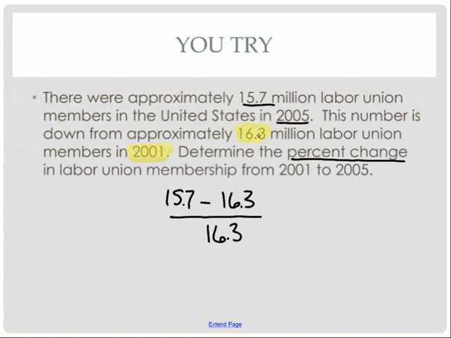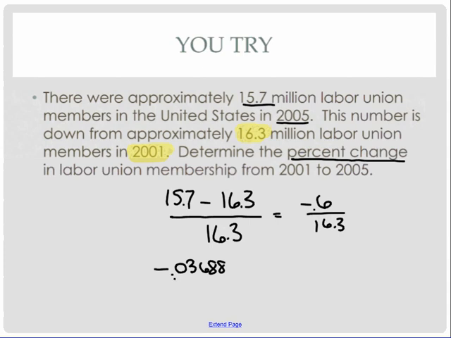I also know that because if they started at 16.3 and we went down to 15.7, I should have some kind of a negative amount. And I do. I get negative 0.6 divided by 16.3. That's negative 0.03688.